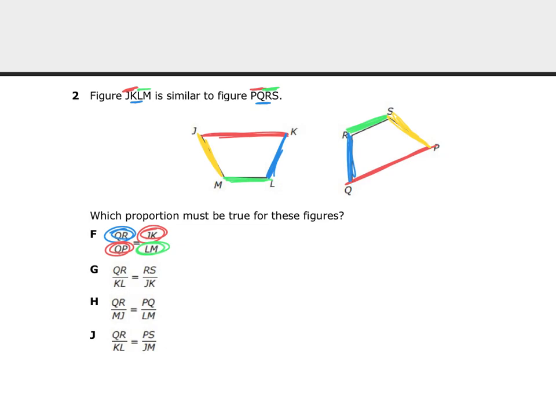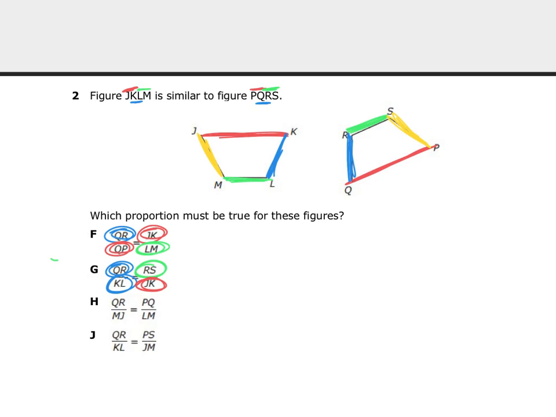Does that have a correct pattern? No. G, QR, which is blue, to KL, which is blue, and then RS, which is green, to JK, which is red. Does that have a pattern? No.